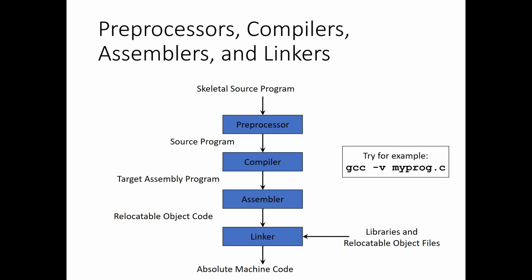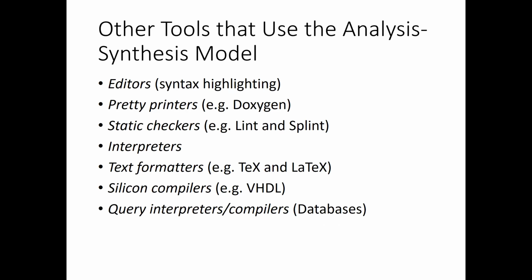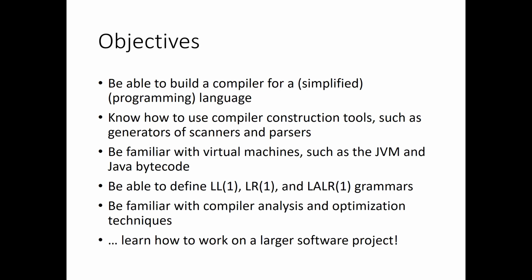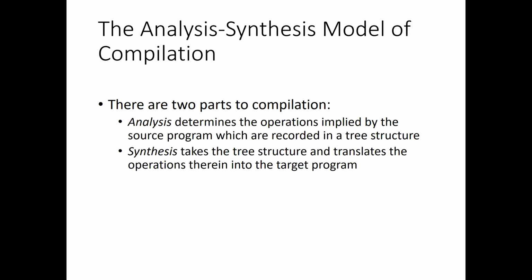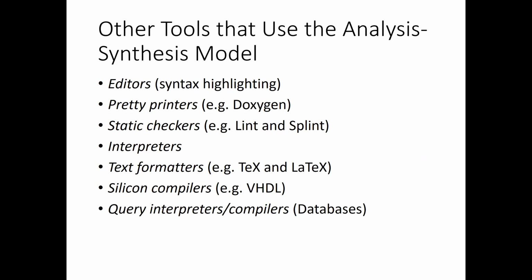So in this video, we have discussed the main objective of compiler design, the different techniques we're going to learn, and the different tools available. We covered what compilation is and what interpretation is, and the two parts of compilation, analysis and synthesis, and the different models available, like editor, that is syntax highlighting, pretty printer, which is Doxygen, static checker, which is lint and splint, interpreter, text formatter, silicon compiler, and query interpreters, which come for databases.